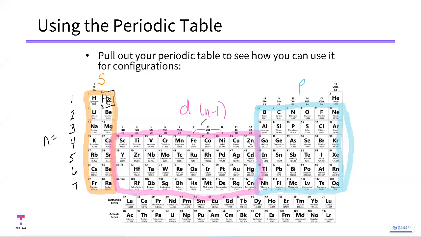So the scandium period, that's the 3D block. Yttrium begins the 4D. And then it gets a little bit crazy when we get to the bottom here. So that last group that we're going to look at, I'm going to highlight it in purple.